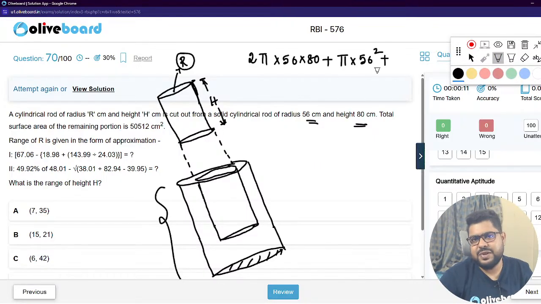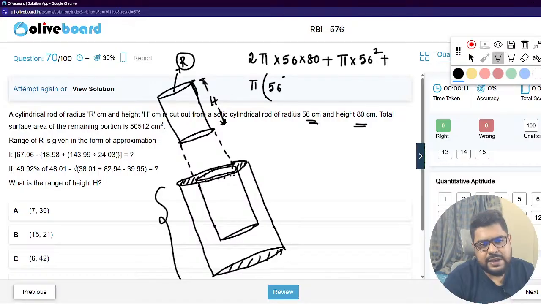Plus anything else, sir? You will say absolutely. This surface, which looks like a circular ring, that is pi into 56 square minus r square.